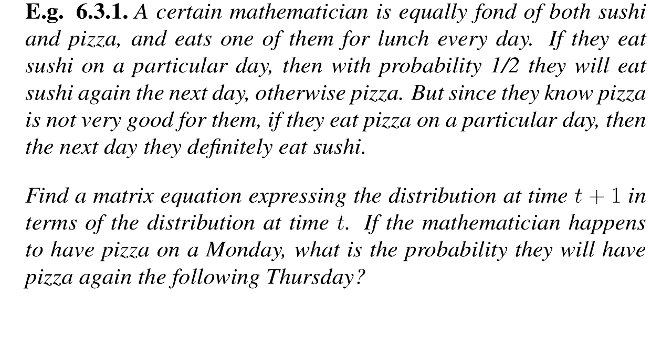So if they have sushi, the next day's decision is completely random, uniformly random. But they don't like eating too much pizza because they know it's not good for them. So if they had pizza on Tuesday, then on Wednesday they'll definitely have sushi. Okay? So this is the rule. If you eat pizza on day t, on day t plus 1 you have to have sushi. If you eat sushi on day t, you can do whatever you like the next day, randomly. You flip a coin.